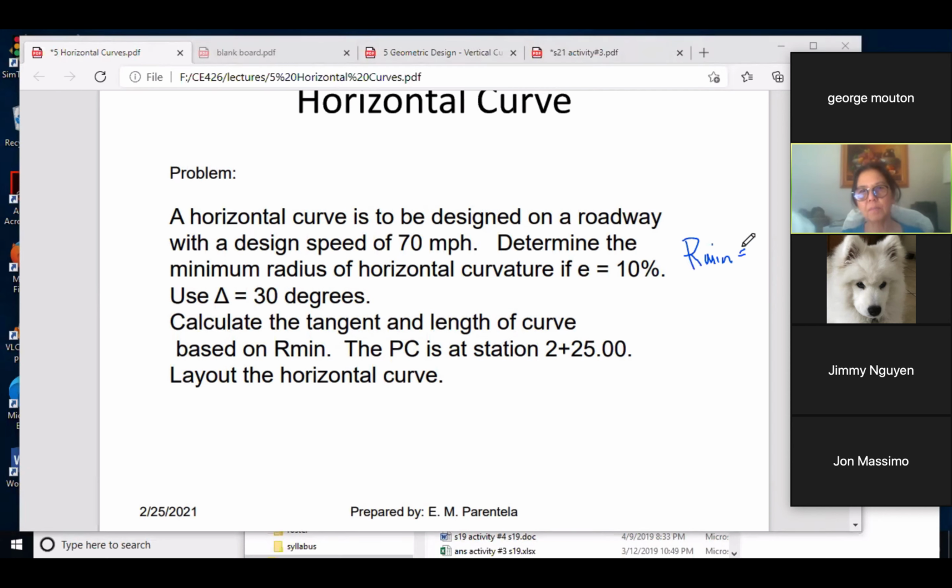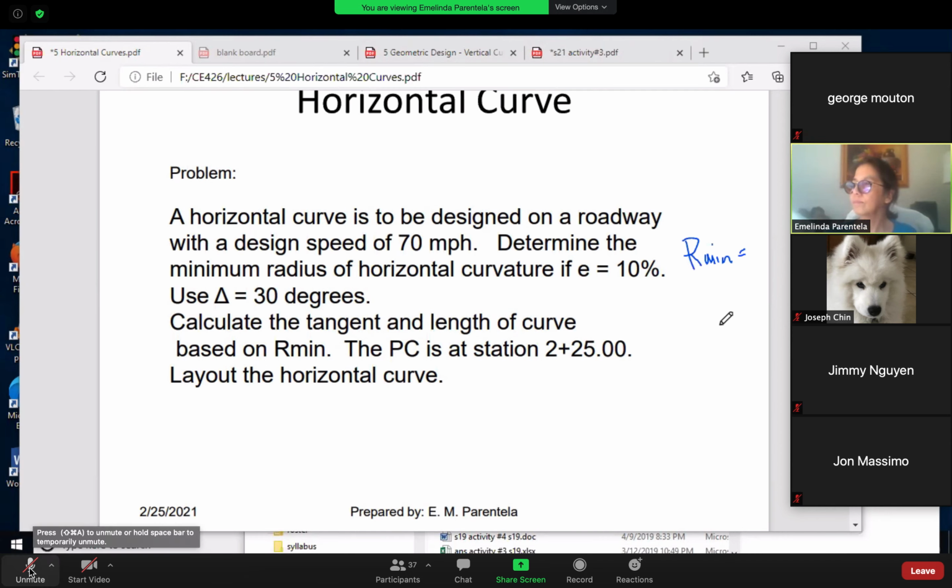So who got the value of R minimum? Professor, where do we get the friction coefficient if it's not given?